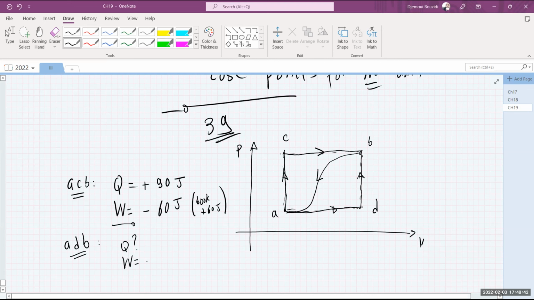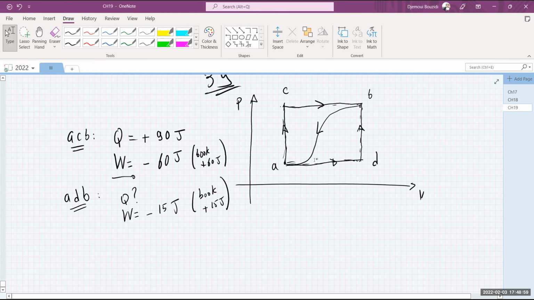According to the proper convention, according to the book, it should be a positive 15 joules. The question is, how much Q is?